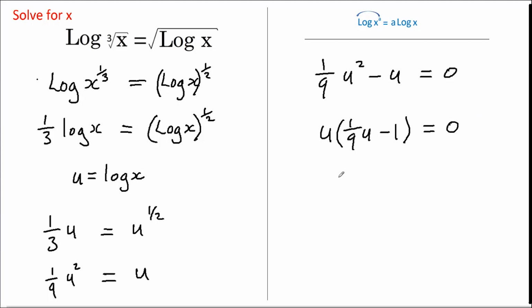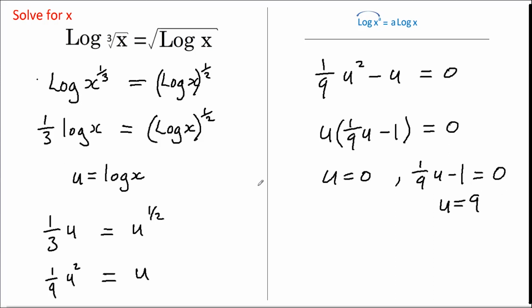Therefore, either u equals 0 or 1/9 u minus 1 equals 0. Rearranging this, we get that 1/9 of u must equal 1, or u must equal 9.